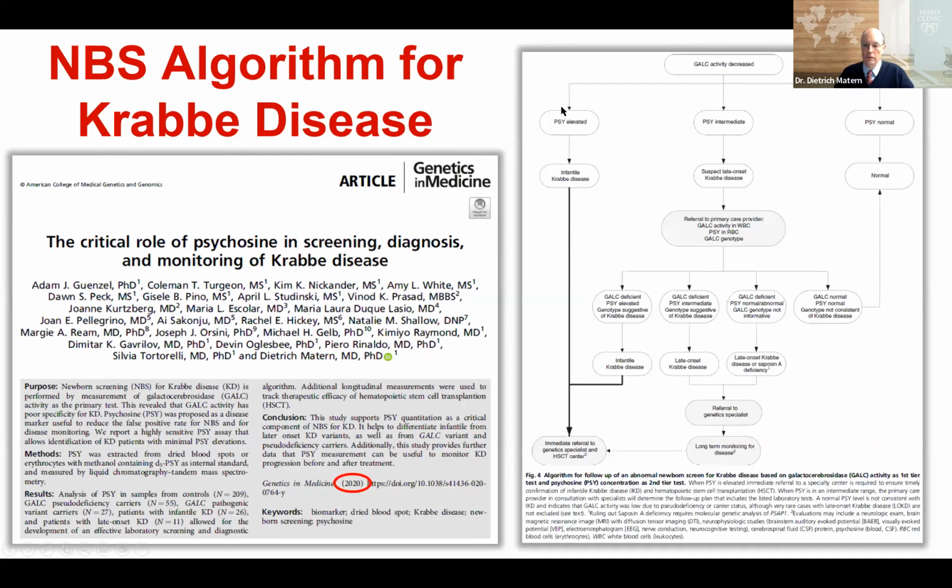Very elevated means this is basically an emergency and you have to act very fast, because we really want the transplant to happen in the first 30 days of life. And if you have an intermediate level, you have more time to figure out what is really going on and which treatment should be done.